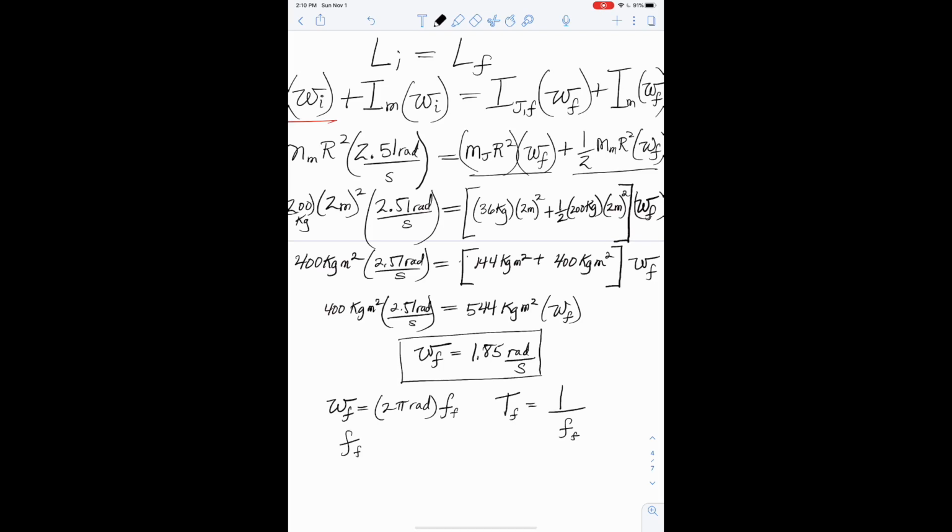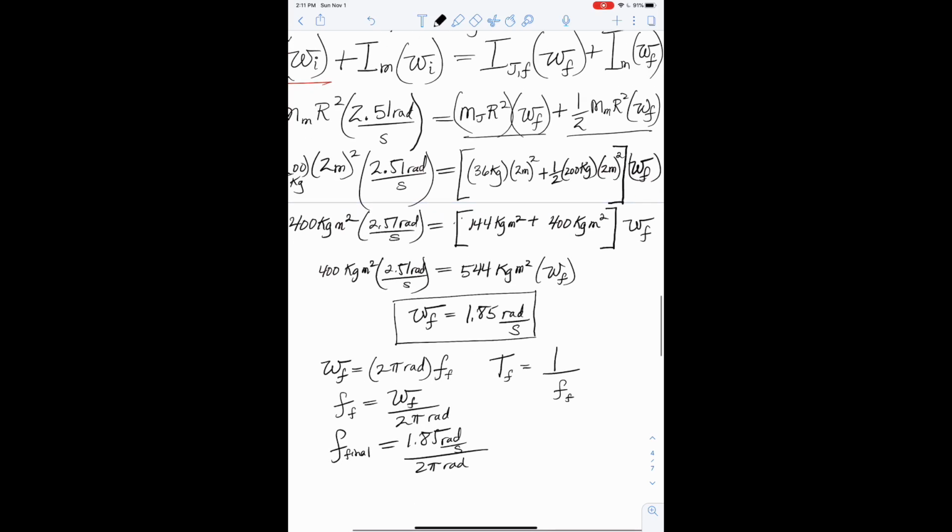So we're saying the frequency final is equal to omega f over 2 pi radians. So frequency final is equal to 1.85 radians per second divided by 2 pi radians.